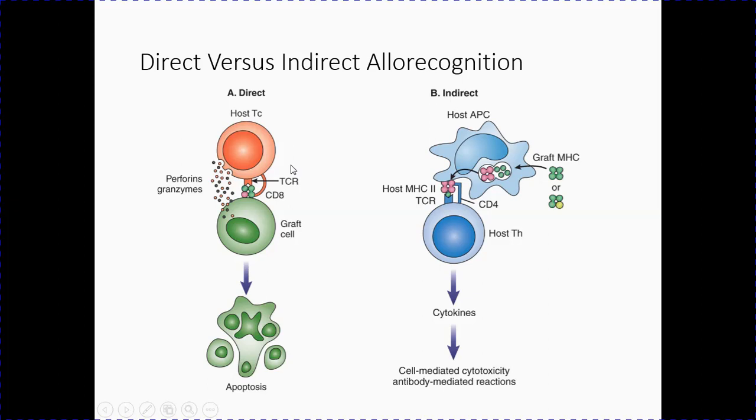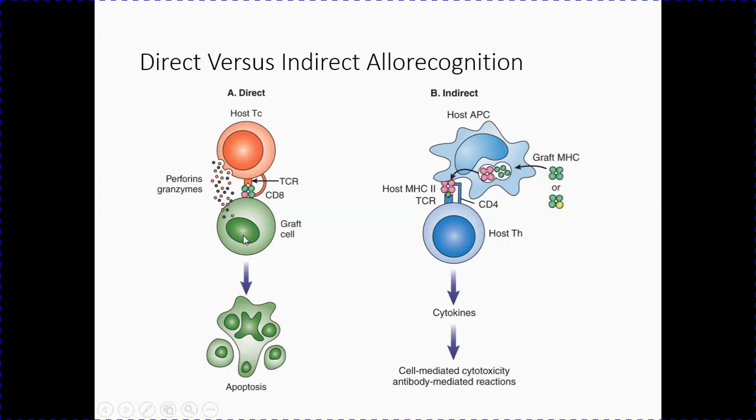In direct, we see the cytotoxic T cell from the host, the recipient, has a T cell receptor that recognizes an antigen on the graft cell. They bind. Remember, this is a nice specific antigen and T cell receptor, and the host cytotoxic T cell, the CD8 positive T cell, releases perforins and granzymes, resulting in death of the graft cell.